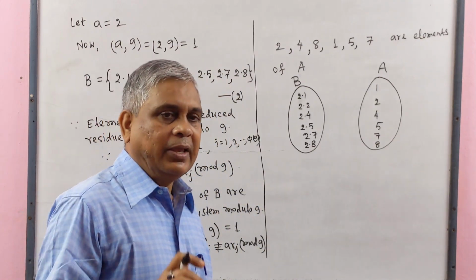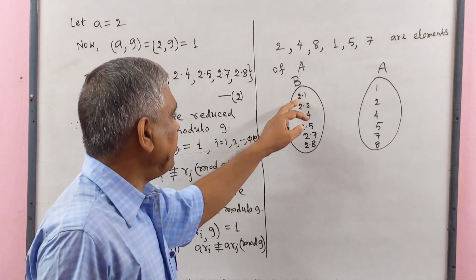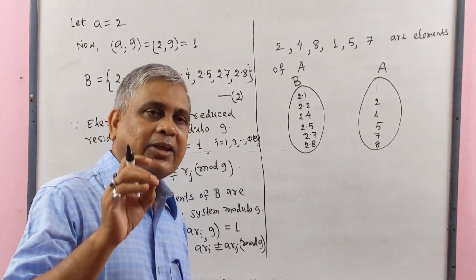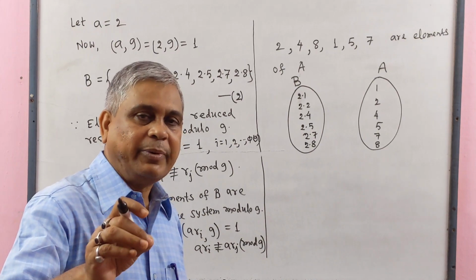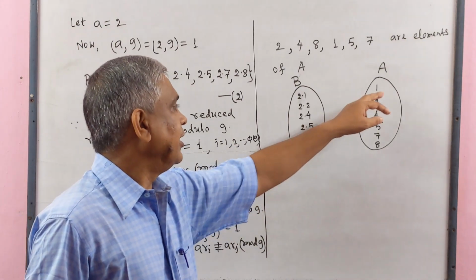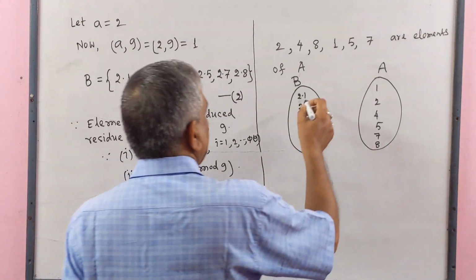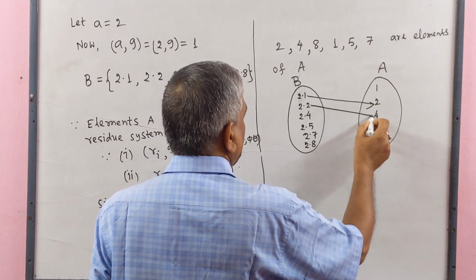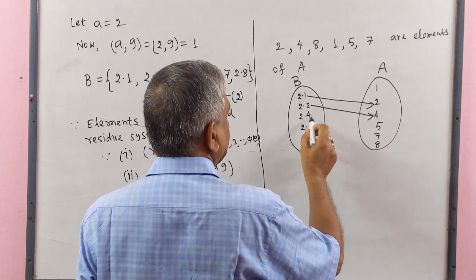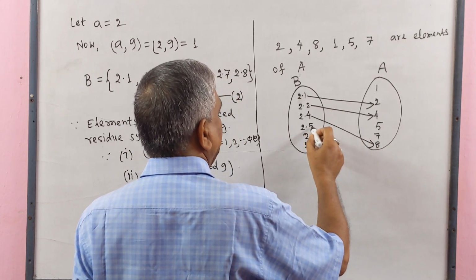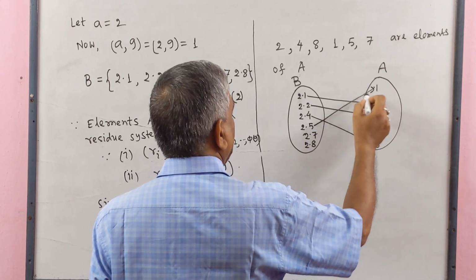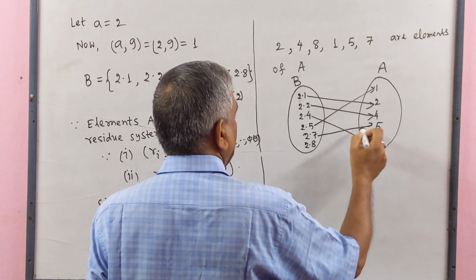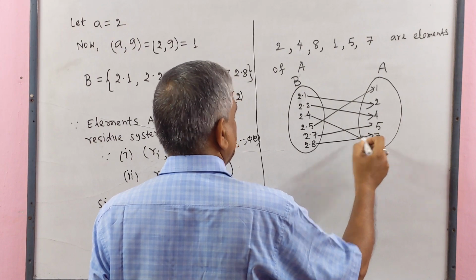We connect elements of B with elements of A such that if any element of B is divided by 9, we get the remainder in A. So we connect 2 multiply 1 with 2, 2 multiply 2 with 4, 2 multiply 4 with 8, 2 multiply 5 with 1, 2 multiply 7 with 5, and 2 multiply 8 with 7.